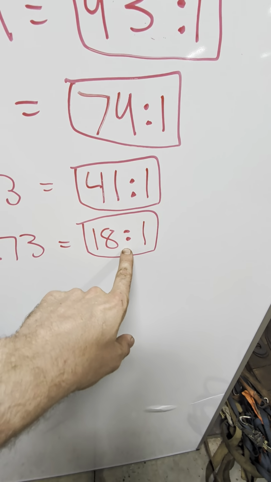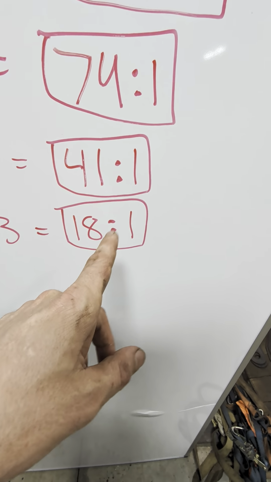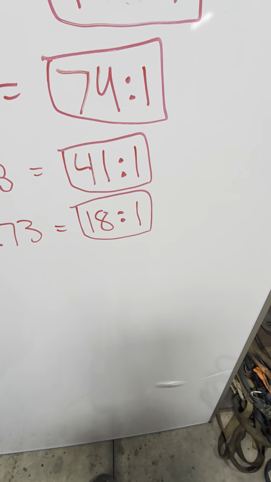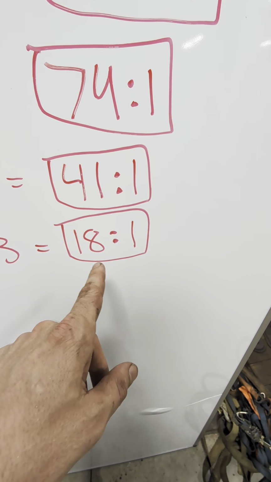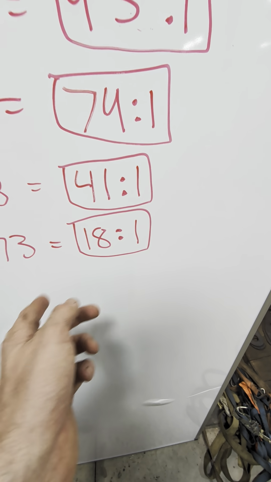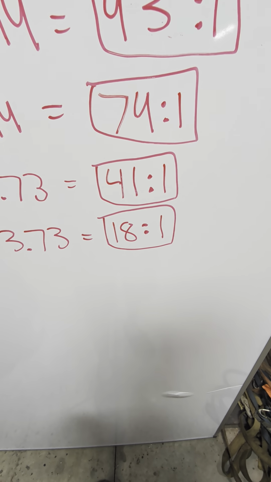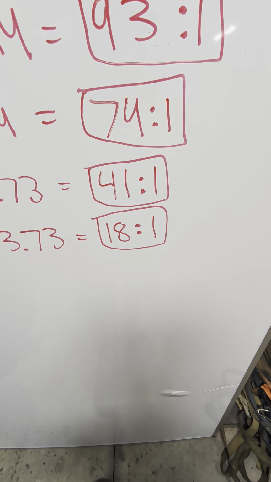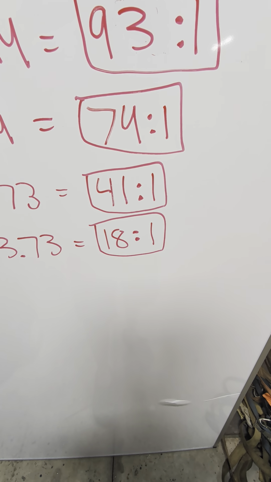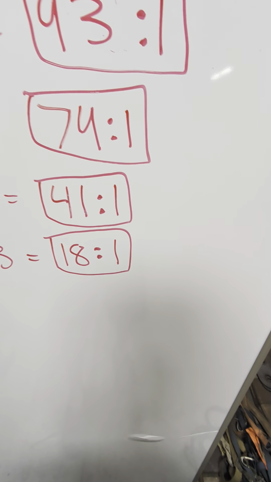You're only 18 to 1, which is not a very good crawl ratio. For stock tires you'd be okay, maybe up to 35s, but a lot of times you're going to find this is not enough and you're not able to rev it out, and it's just bogging a lot. You're in the converter a lot, and you're not going to really be able to spin the tires or get out of the holes and up the hills like you want to.